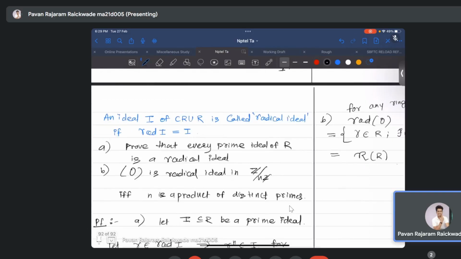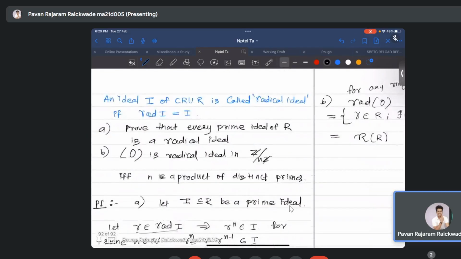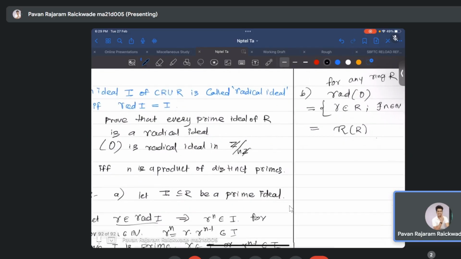Now in part 2, what I want to show is this statement.